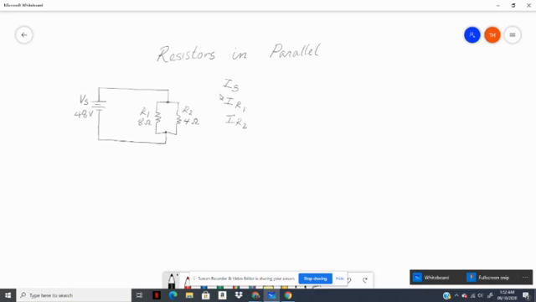So we have a supply of 48 volts, an 8 ohm resistor in parallel with a 4 ohm resistor.